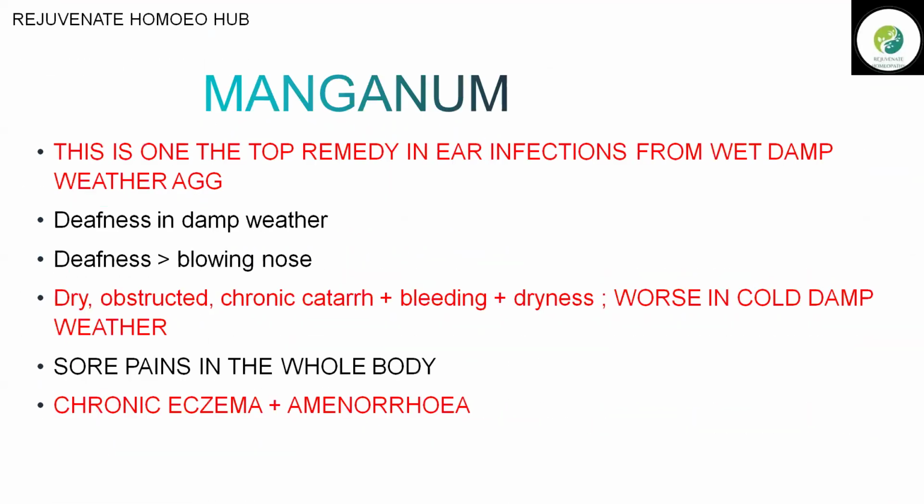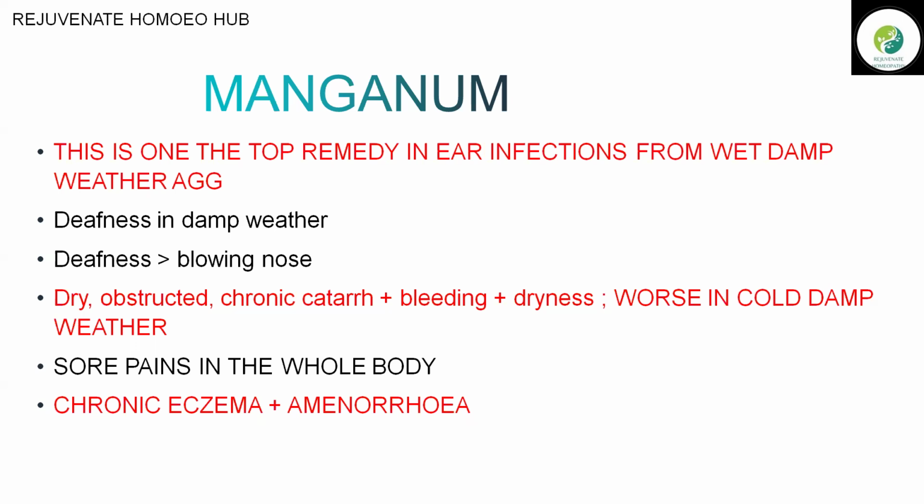Now, manganum. This is one of the top remedies in ear infections from wet damp weather aggravation. Deafness in damp weather. Deafness which is ameliorated by blowing the nose. Think of this remedy, manganum aceticum, in ear infections with wet damp weather. It is the first remedy you can think of. This works well. And Boericke has written deafness in damp weather, deafness ameliorated from blowing the nose.